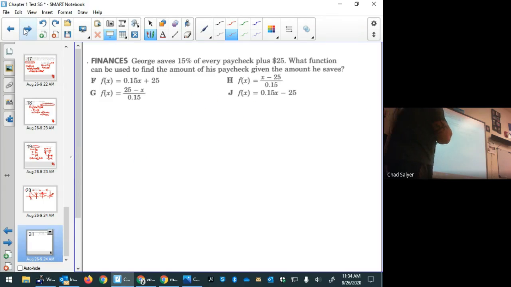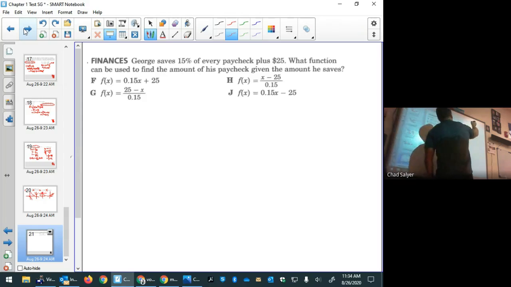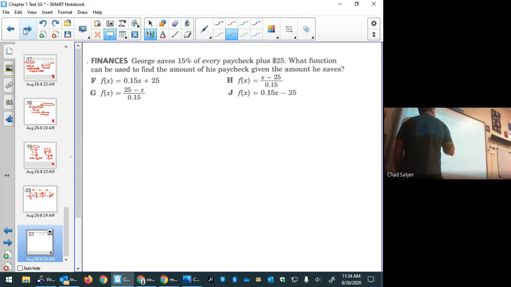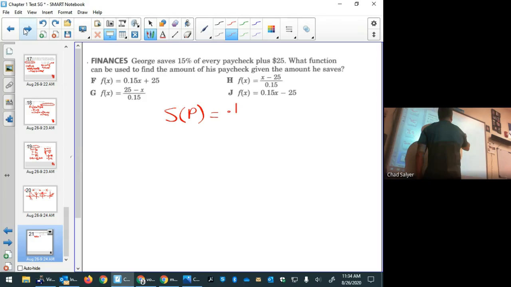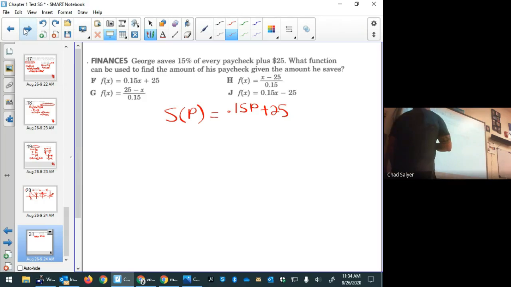Number 20, last one. So George saves 15% of every paycheck plus $25. So his savings as a function of his paycheck amount is 0.15p plus 25. So what function can be used to find his paycheck given his savings? So in other words, we want to invert this.